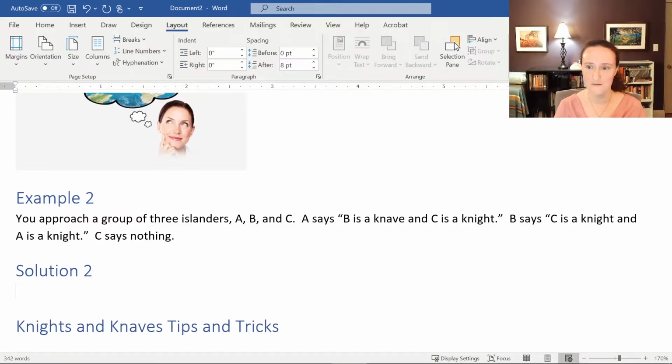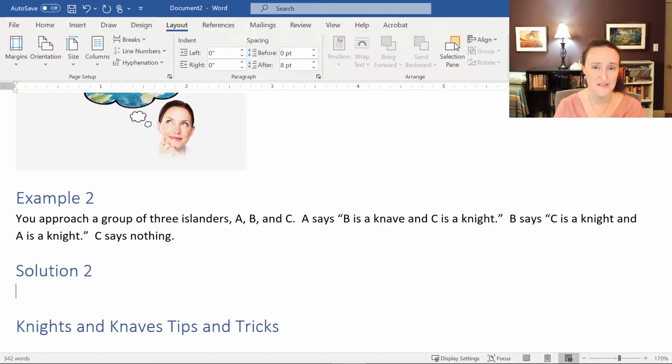So there's a number of things that I could guess here. I could guess that A is a knight. I could guess that A is a knave. I could guess that B is a knight or a knave. But there's only two good guesses to start with. If we look at the two statements that we have from A and B, they are both and statements. So if I were to guess that either B or A was a knave, then I would have to form the negation of the and statements, and that would give me an or statement.